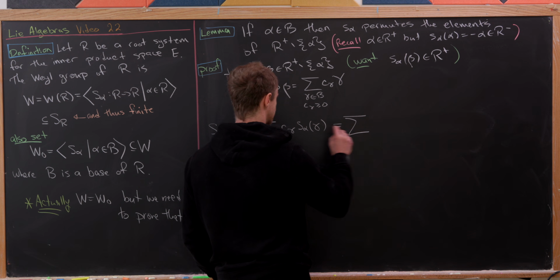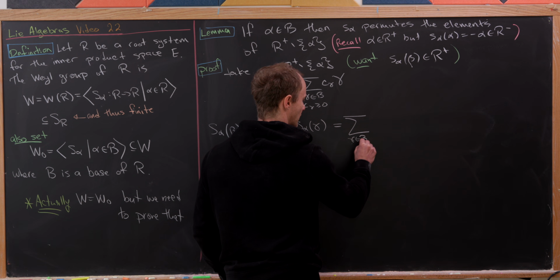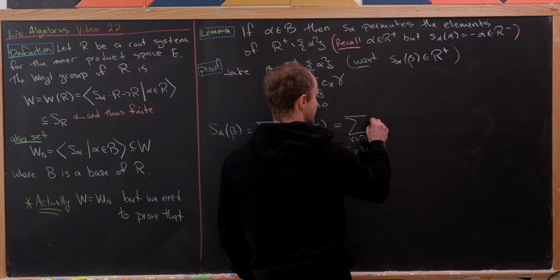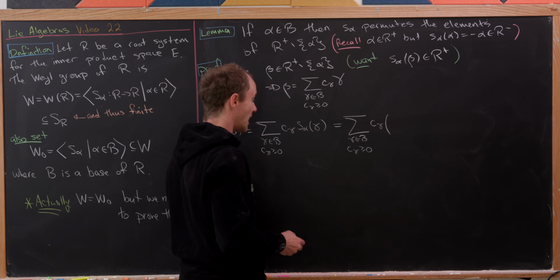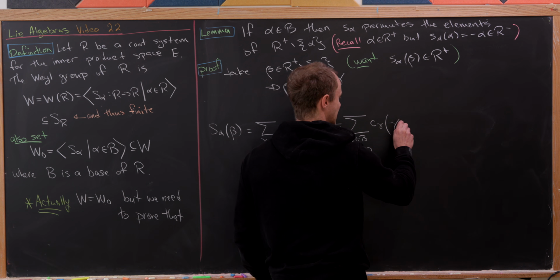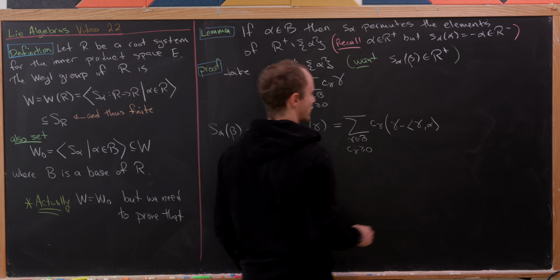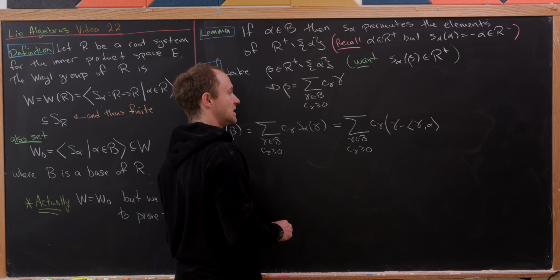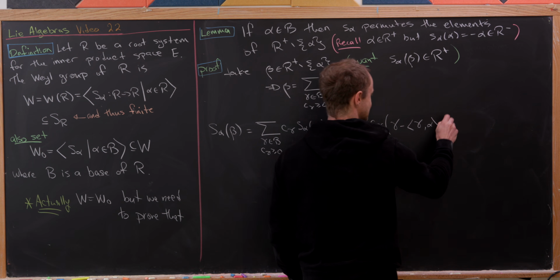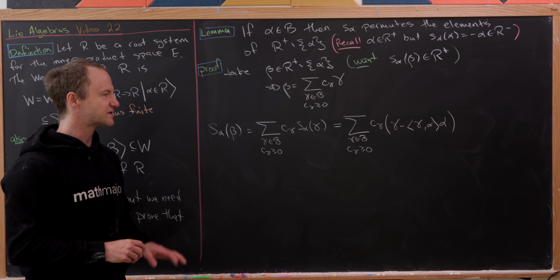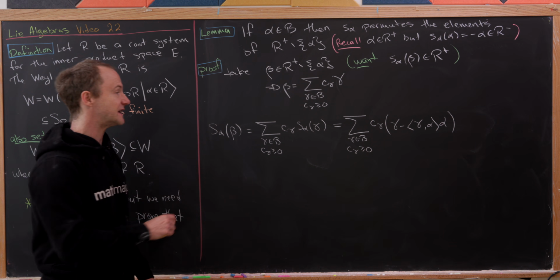And now we can apply the formula for S alpha applied to gamma that we saw on the last board. So that's going to be the sum over all gamma in B, with C gamma bigger than or equal to 0, and then this is going to give us C gamma of gamma minus this angular bracket inner product of gamma with alpha, and that's in the alpha direction. Now I'm going to split this apart into some pieces.